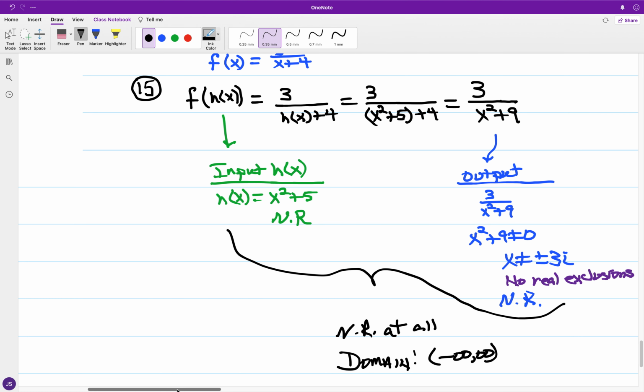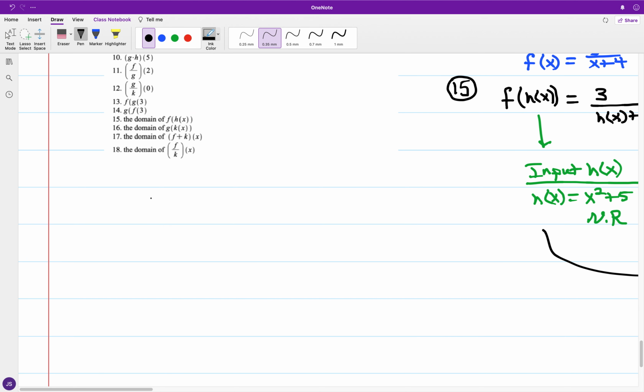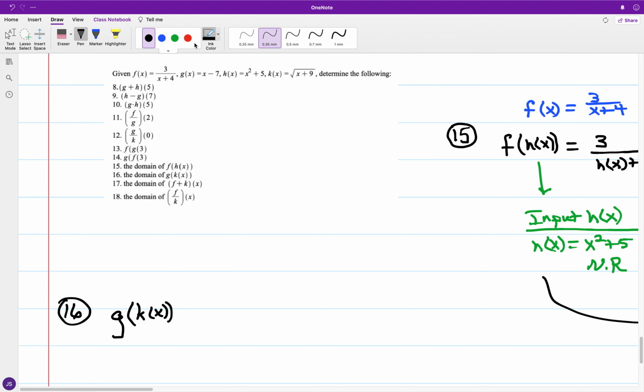All right, now in the case of 16, you have g of k of x. Again, with our output function, g of x is equal to x minus 7.